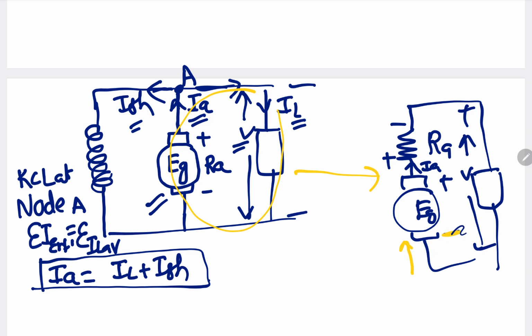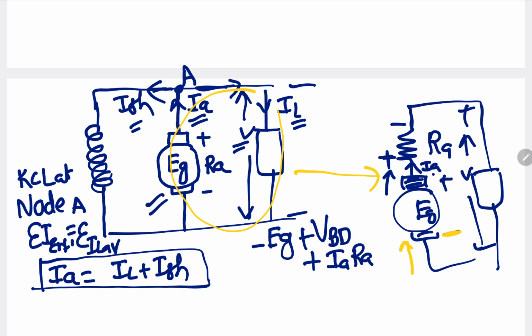So for voltage, the polarity is minus: minus EG, and these brushes will have some drop, which I call VBD, the voltage drop in the brushes. Coming like this, positive polarity comes, plus voltage drop in the resistance, IA into RA. And coming across positive polarity first, plus V is equal to 0.